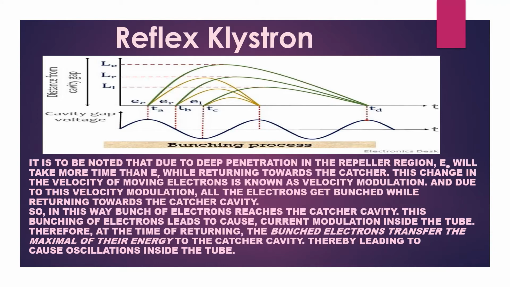This change in the velocity of moving electrons is known as velocity modulation, and due to this velocity modulation, all the electrons get bunched while returning towards the catcher cavity. This is what is called bunching of electrons. So in this way, a bunch of electrons reaches the catcher cavity. This bunch of electrons leads to current modulation.